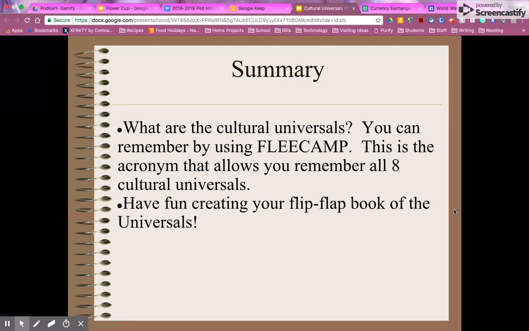P, power structure. All of these 8 things are in all cultures across time. They are across all across the globe. These are things that as you're studying different cultures, you want to think about, because these truly do exist. So we're going to continue to study these as we get ready to go. Thank you.